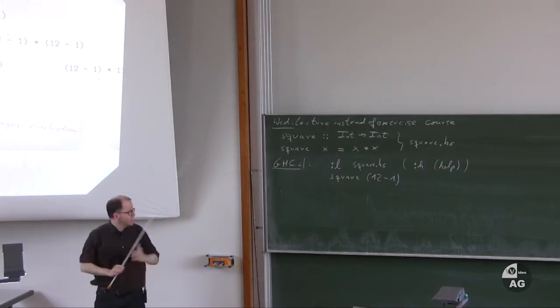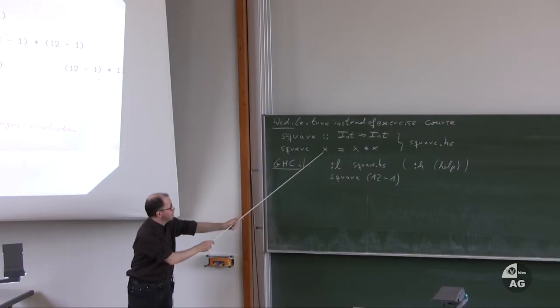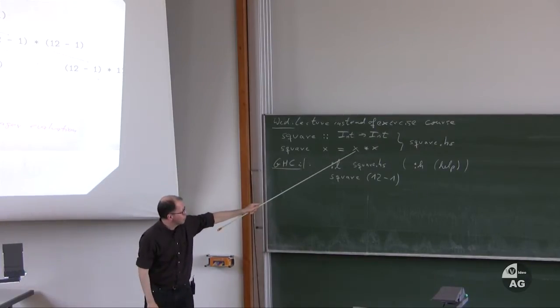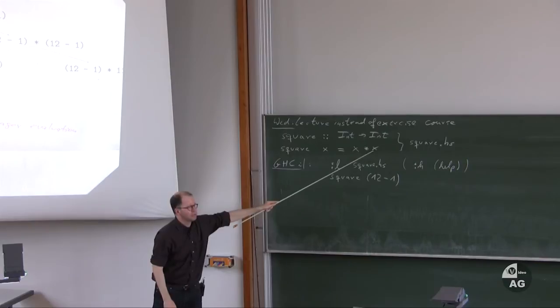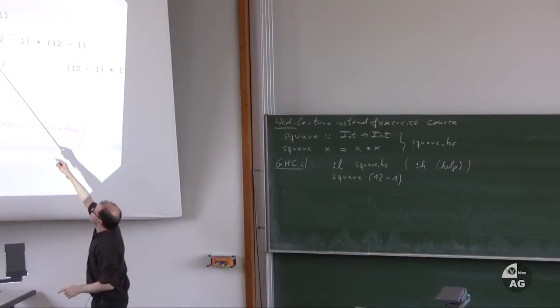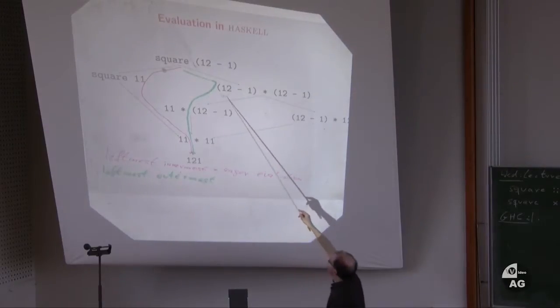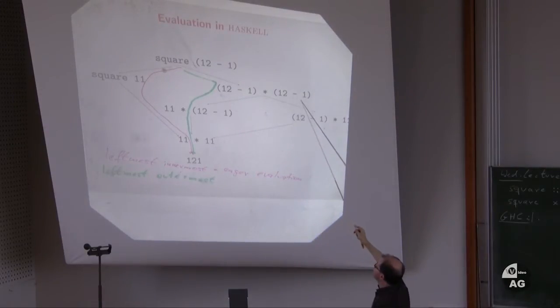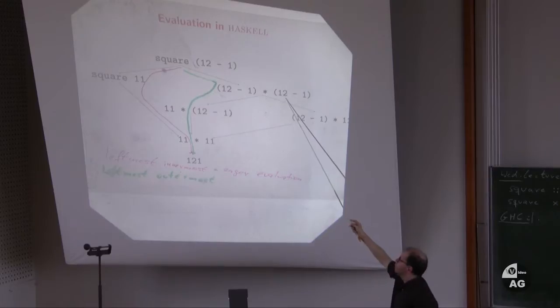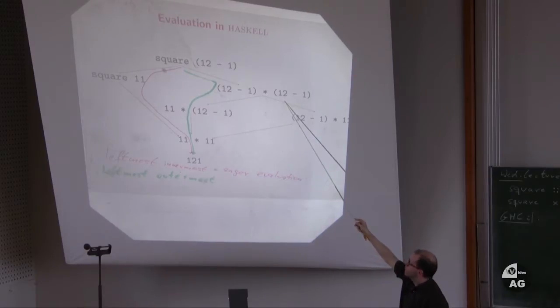If we do that, then indeed here we have square of 12 minus 1, and this can be rewritten to 12 minus 1 times 12 minus 1. And this is what happens here. So we could also evaluate square directly, and then we reach this expression, 12 minus 1 times 12 minus 1. So we can really apply functions to expressions that are not yet evaluated.